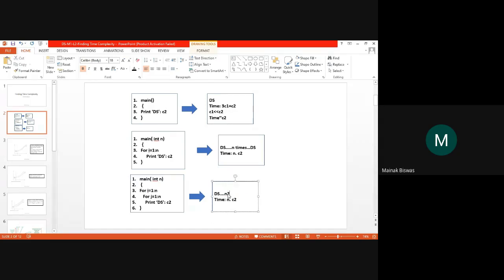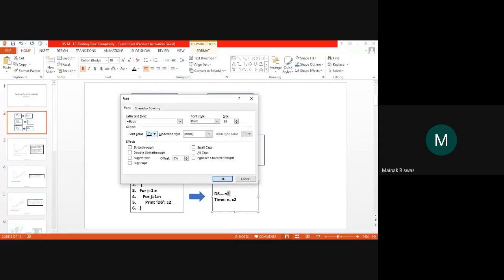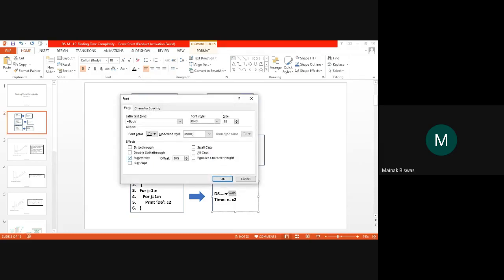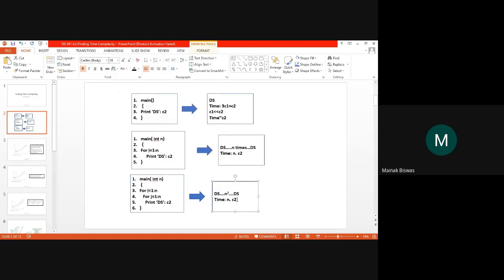If n is equal to 10, it will run 10 into 10, 100 times. So the time complexity of this program will be something like n square, because it depends on this.